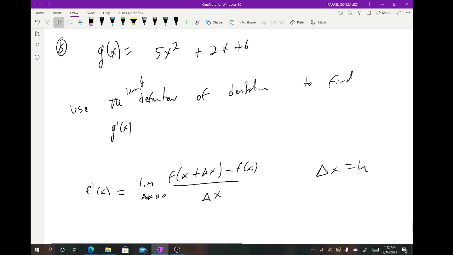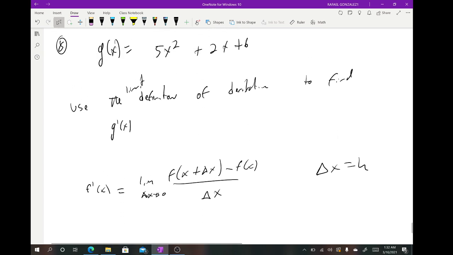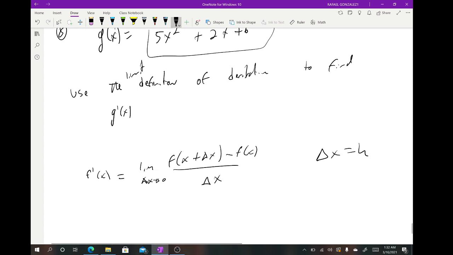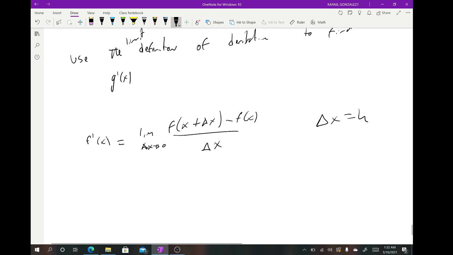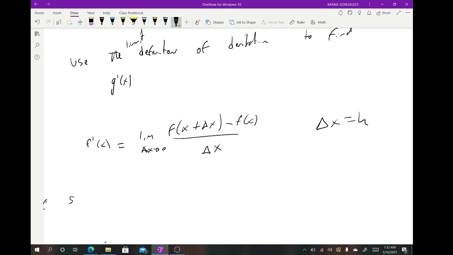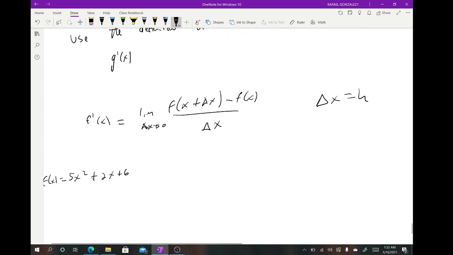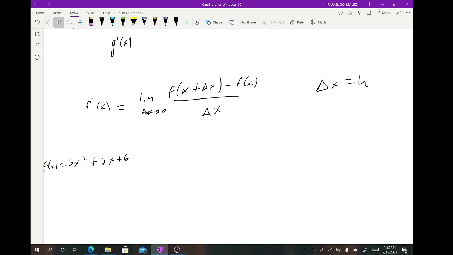So anyway, if I was asked to do this, then whenever I see an x up here, I'm going to put h. I'm actually going to use h. So f of x equals 5x squared plus 2x plus 6. If I ask to find the derivative of this using the limit definition, then what you have to do is the following.